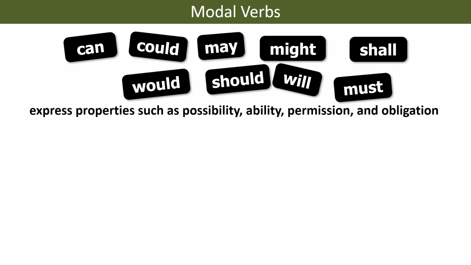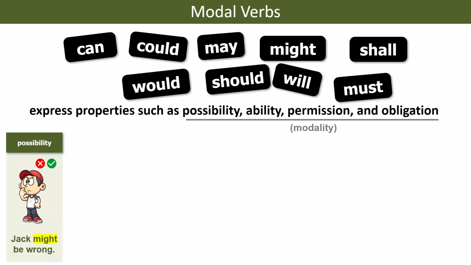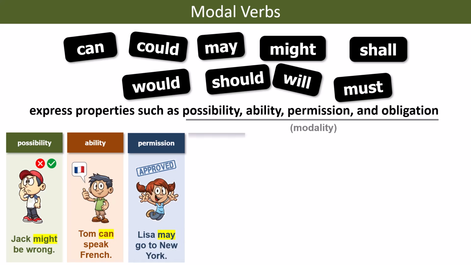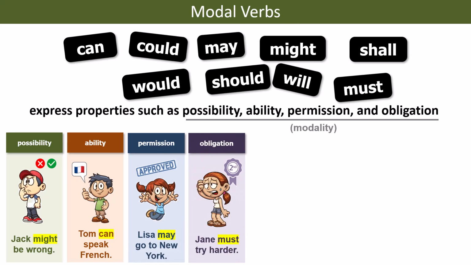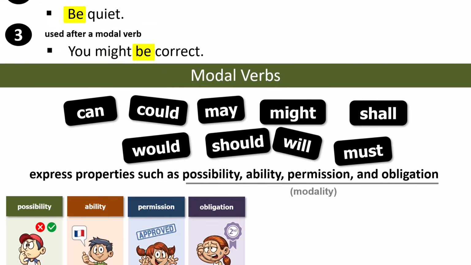Hopefully this is just revision for you, but I just want to make this point. These traits are known as modality, and that's where the term modal verb comes from. Here are some simple examples, and you can just pause this video and have a look at those if you don't yet fully understand the traits that make up modality. Okay, let's get back to business.